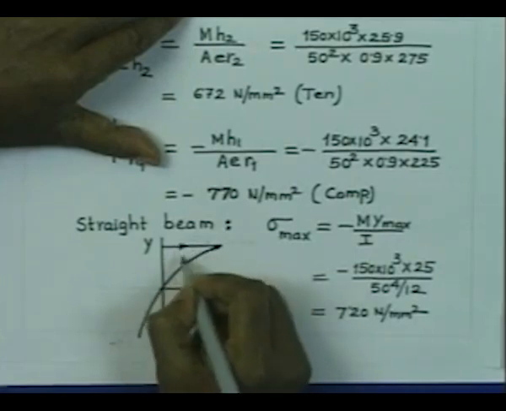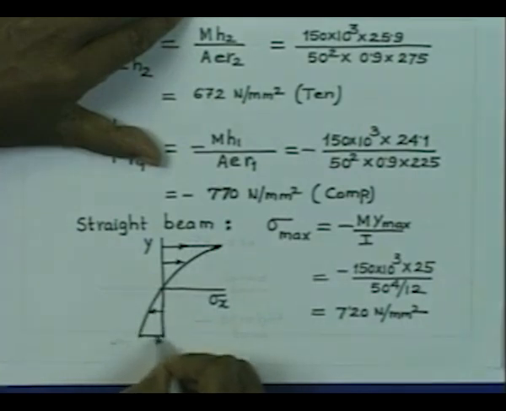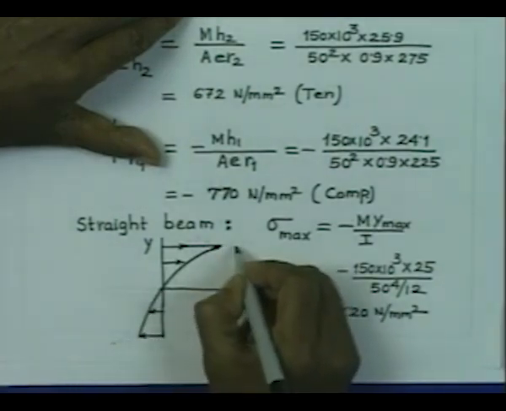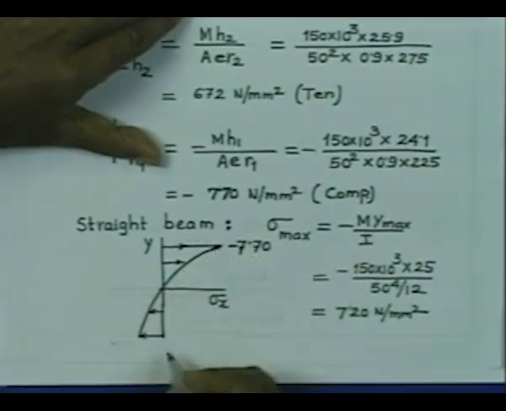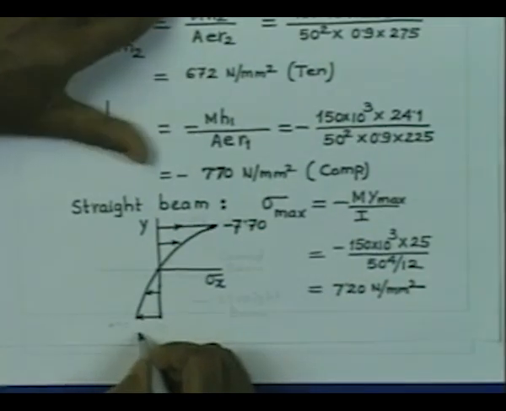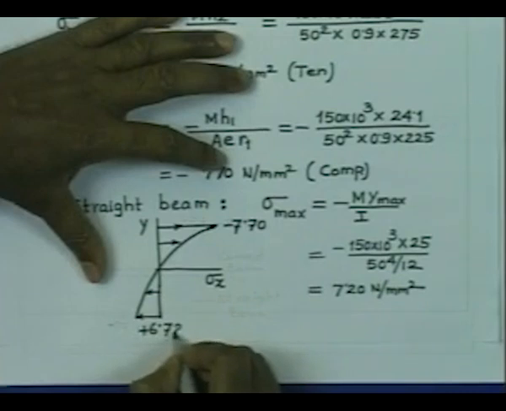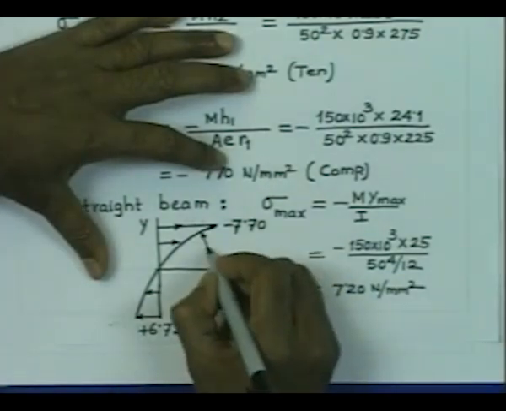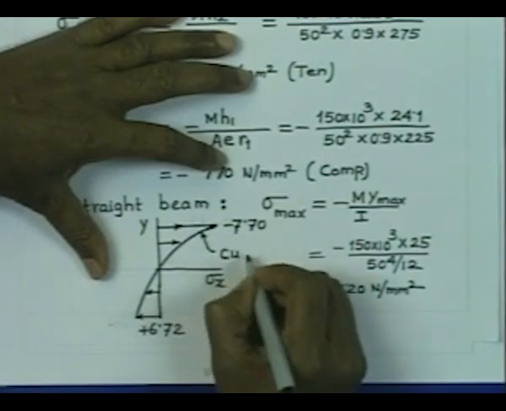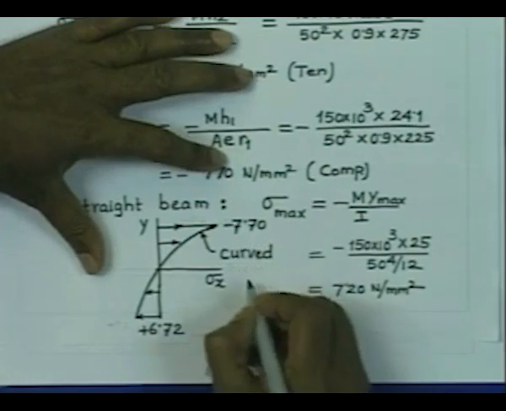We have the compressive stress this side and tensile stresses this side. The magnitudes are 7.70 Newton per millimeter square, and this one is plus 6.72. So, this is the curved beam formula.